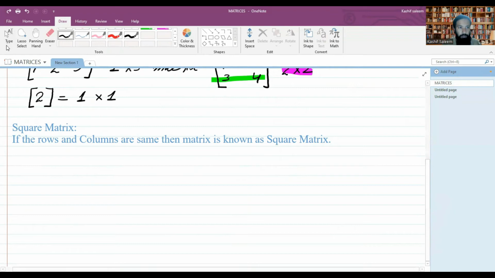Now consider another type, a row matrix.